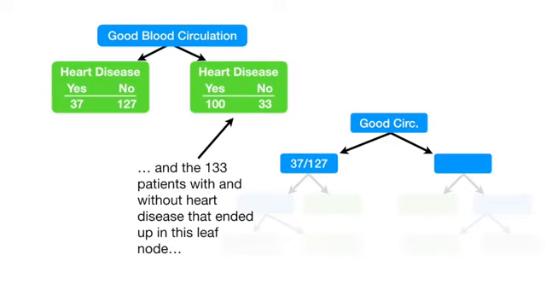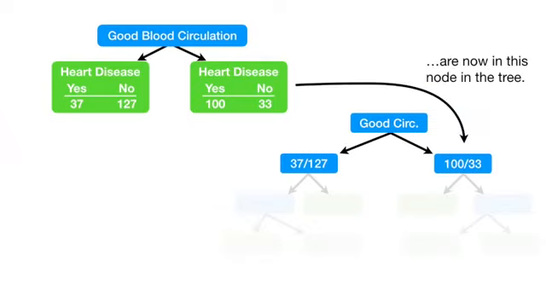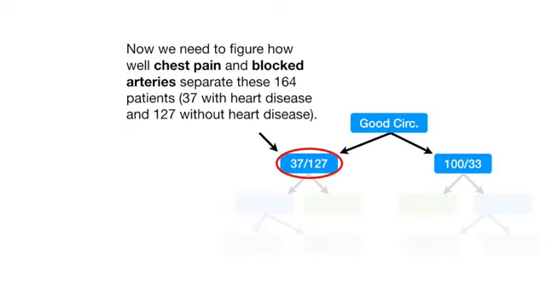And the 133 patients with and without heart disease that ended up in this leaf node are now in this node in the tree. Now we need to figure out how well chest pain and blocked arteries separate these 164 patients, 37 with heart disease and 127 without heart disease.